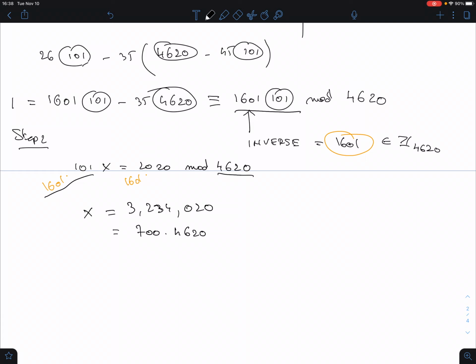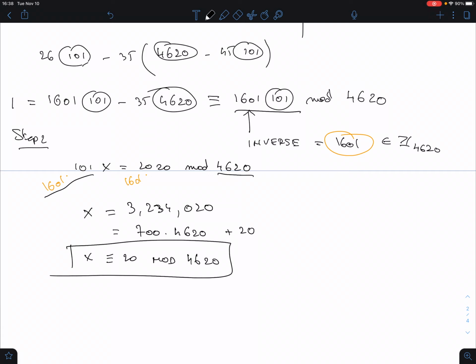So 700 times 4620, that is actually 3,234,000. So what am I missing? Only 20, right? You see the difference in the two numbers? Okay, so I can erase this. And so I find that x is equivalent to 20 mod 4620.